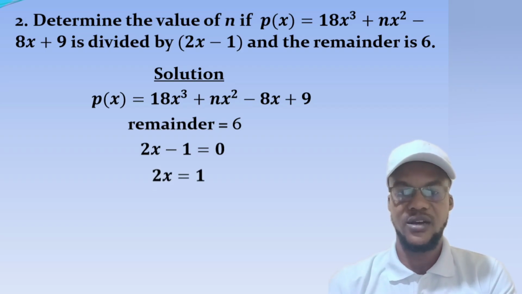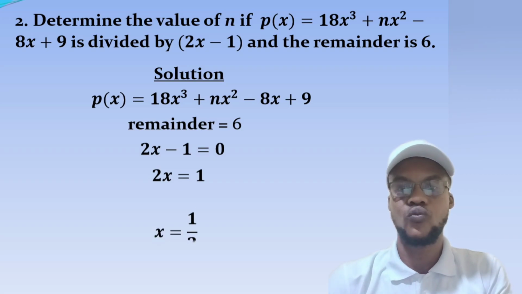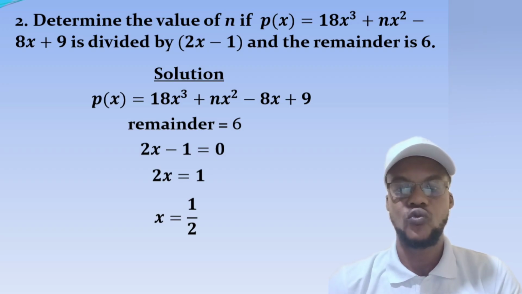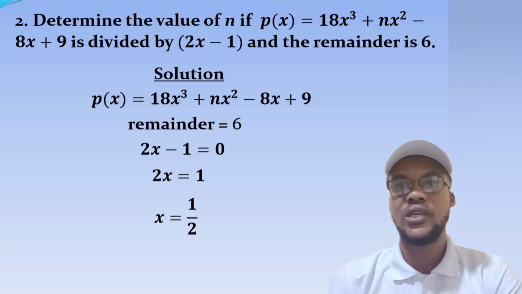So you have 2x minus 1 equal to 0. To find the zero, we get 2x is equal to 1. We divide both sides by 2, and then we get x to be 1 on 2.